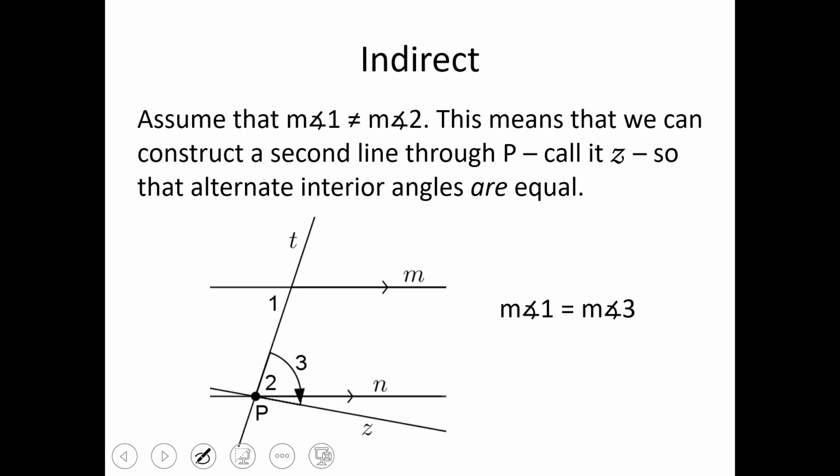So that's our contradiction. It then follows that it's false that the measure of 1 is not equal to the measure of 2, which means the measure of 1 is equal to the measure of 2, and that's the result.